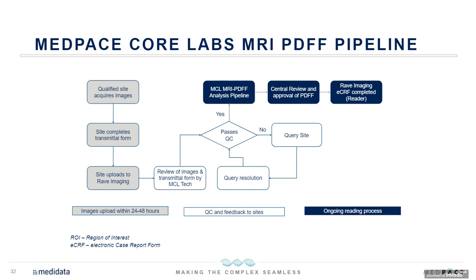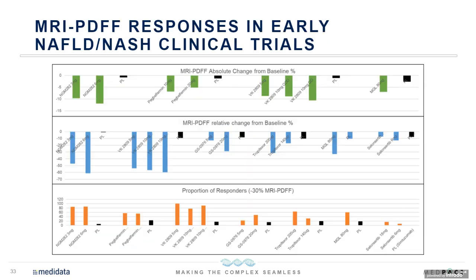This process is done in ClinTrack imaging. The MRI PDFF pipeline is run by technologists, and finally the PDFF results are approved by the central radiologist and entered into the Rave Imaging eCRF for that specific time point. All this ultimately is leading to study outcome data.